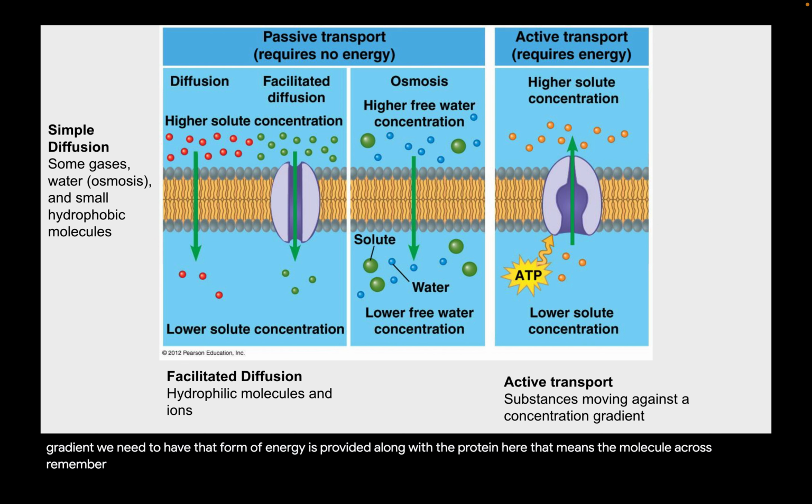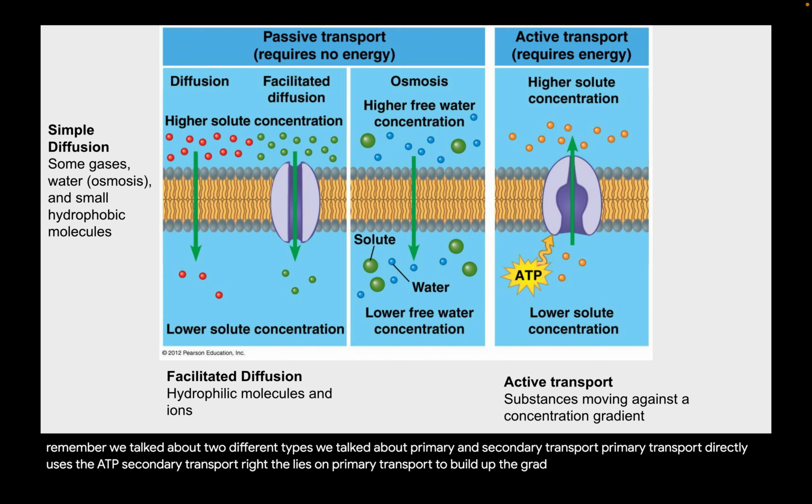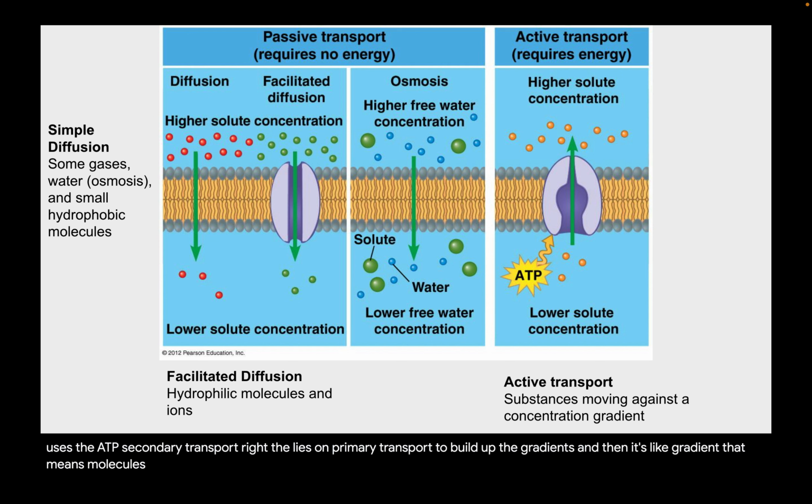And remember we talked about two different types: primary and secondary transport. Primary transport directly uses the ATP. Secondary transport relies on primary transport to build up the gradient, and then it's that gradient that moves molecules across the membrane. Any questions from the video?